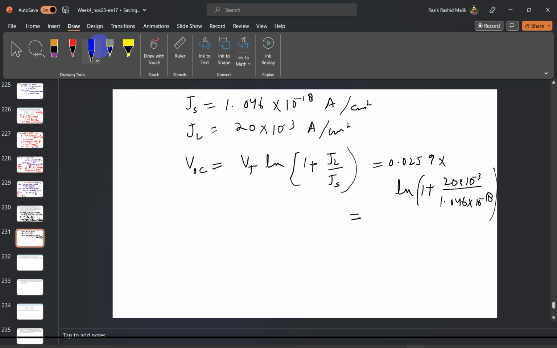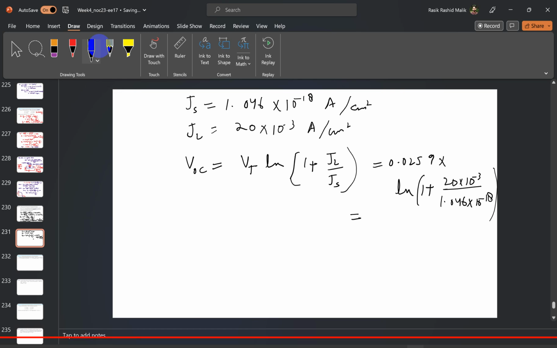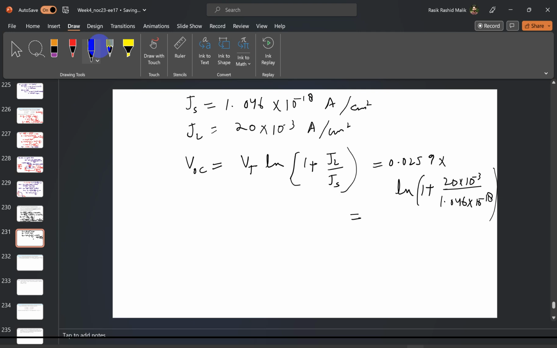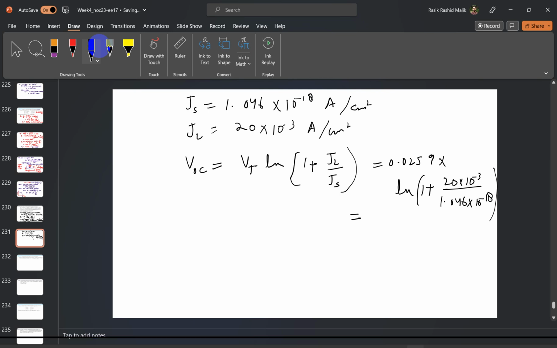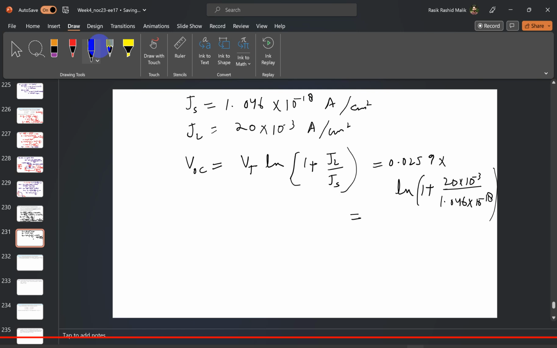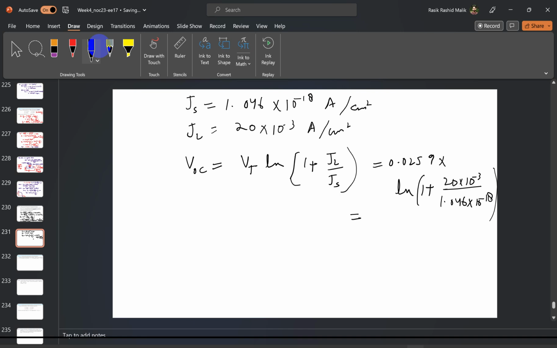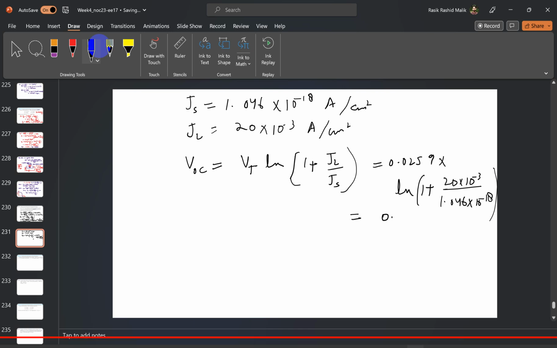So the value is coming out to be equal to 0.971.